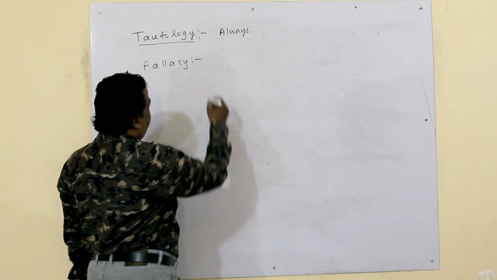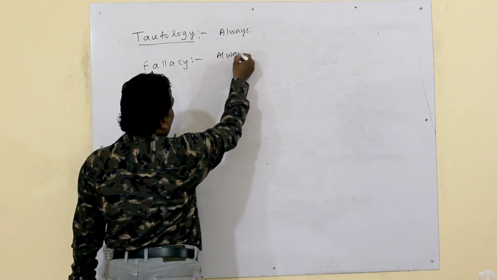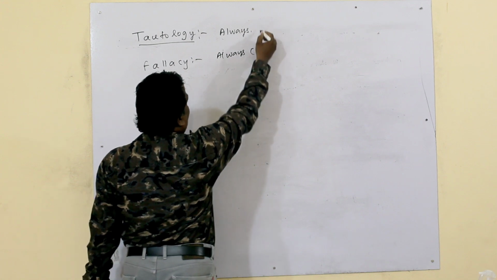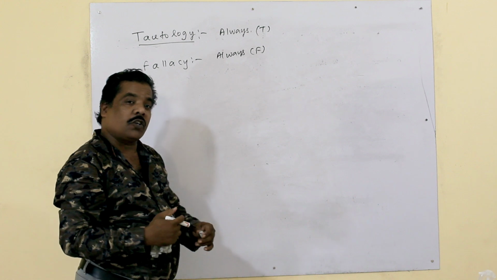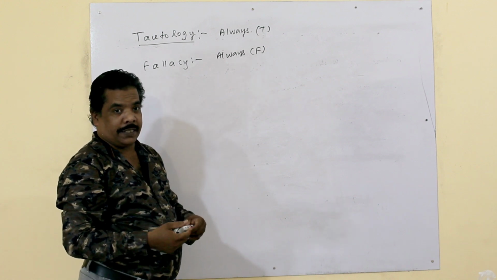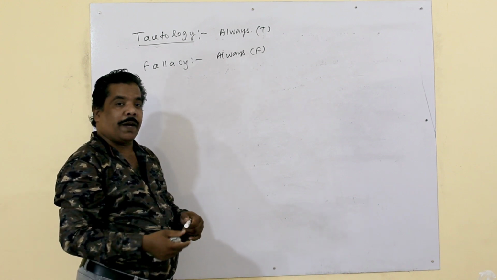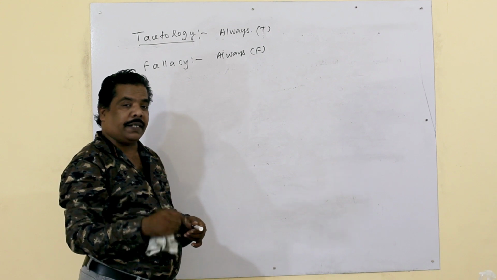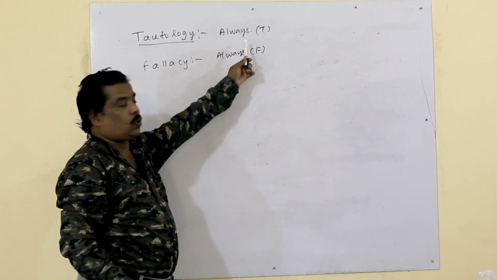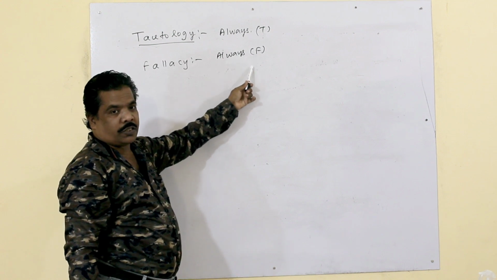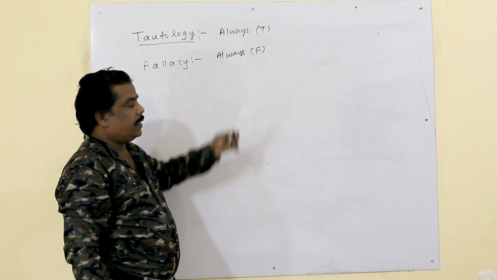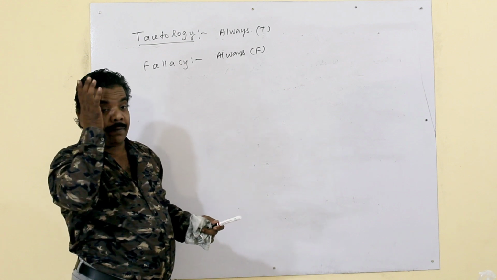If a compound statement is always false, then it is called fallacy. So a compound statement is called tautology or fallacy if the truth values of the compound statement in all conditions is true, or the compound statement is false in all conditions, then it is called fallacy.